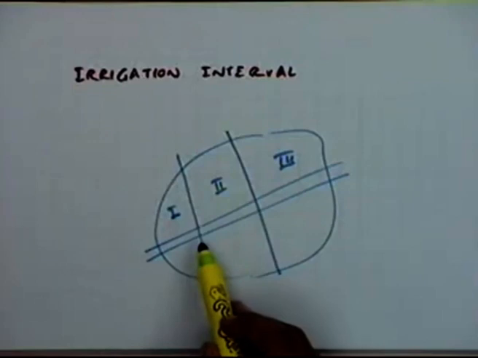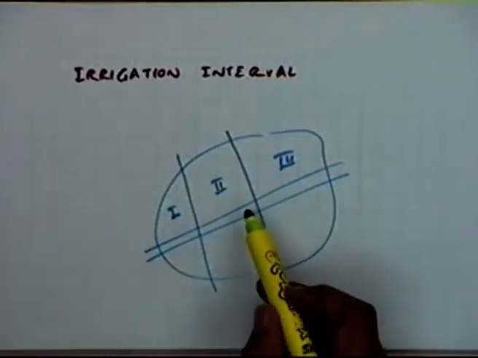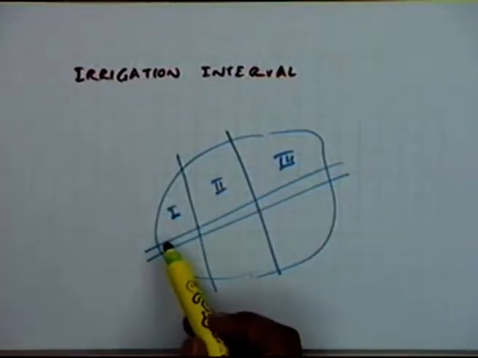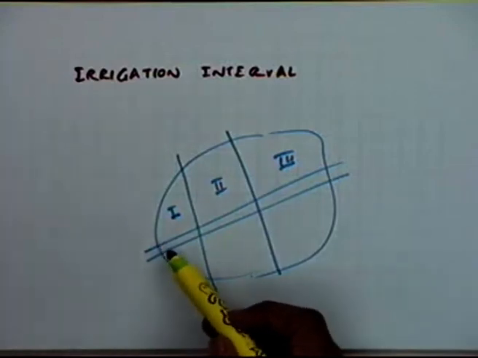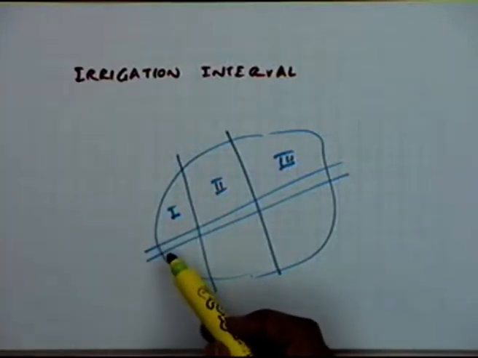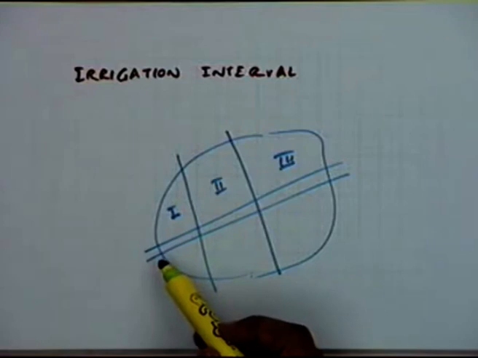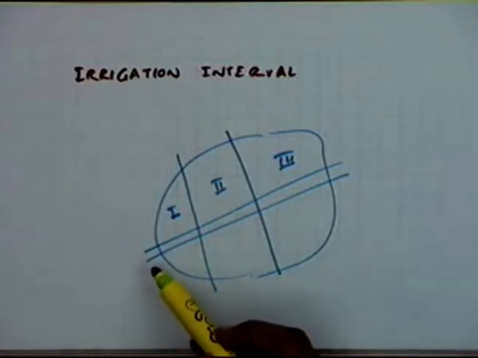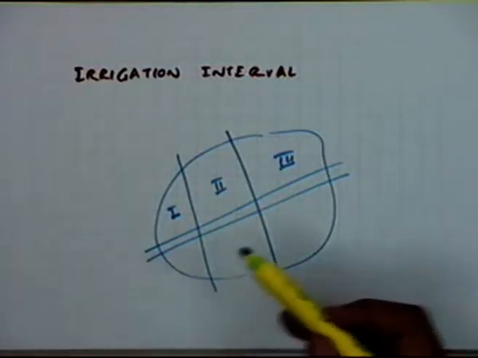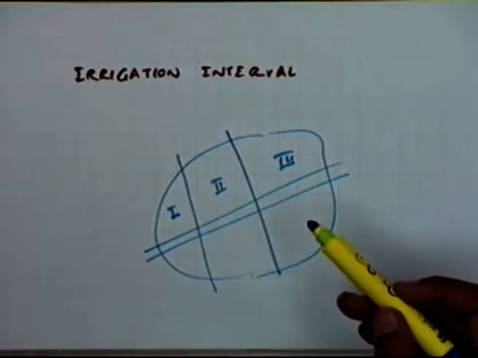If your irrigation interval goes beyond that, you have to do something to ensure that you irrigate the whole area in such a manner that you are able to come back to the first area where you started within the desirable period, after which you can use the second irrigation, and that will be a function of the climate.